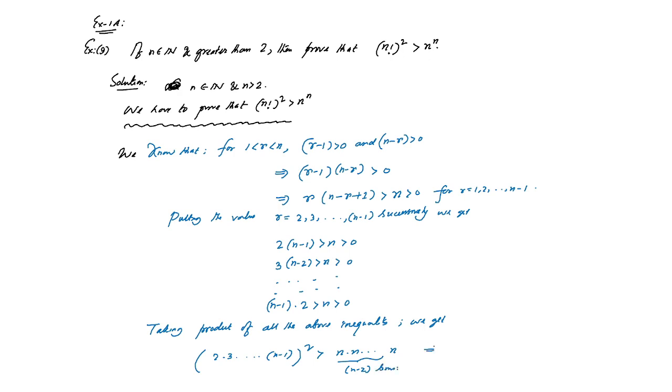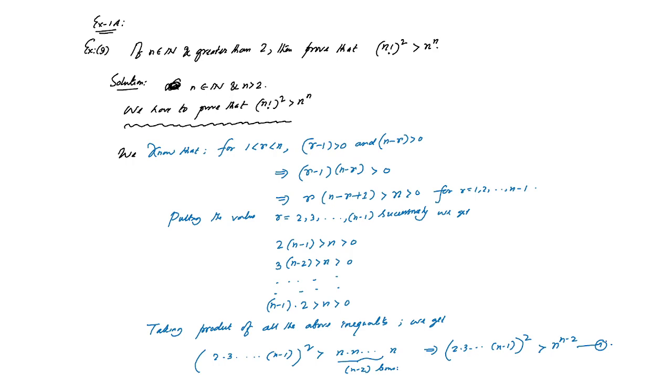So from this we get (2·3···(n-1))^2 is greater than n^(n-2). This is the relation we are considering as 1.